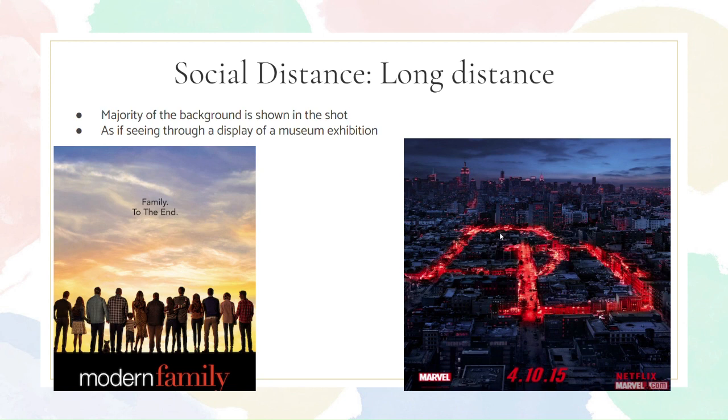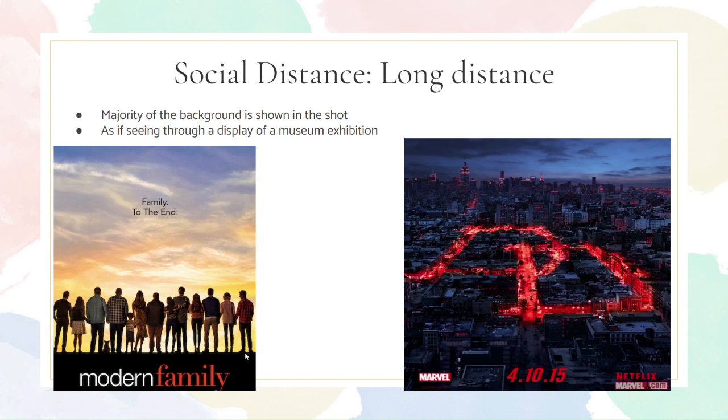So for example, we'll take this one, which is also from a series, Modern Family, where it looks like the viewer is behind the hill, if I'm not mistaken. I don't think it's a hill. They are behind the group of the cast, and they're present when the picture was taken. This is considered long distance because the shot is further away, and we can see the background as well as details of the image.